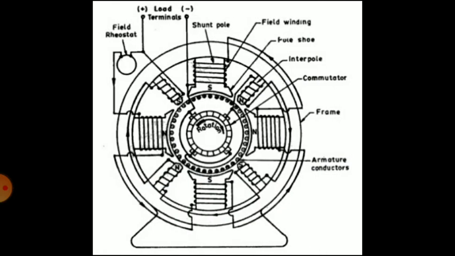You can see the different parts: pole core, pole shoe, then the field winding, also called the stator winding. Then there is the armature, the armature winding, and the yoke, that is the hollow cylindrical stator frame.